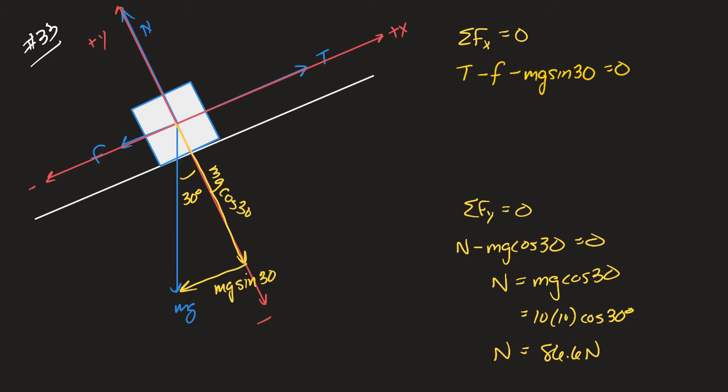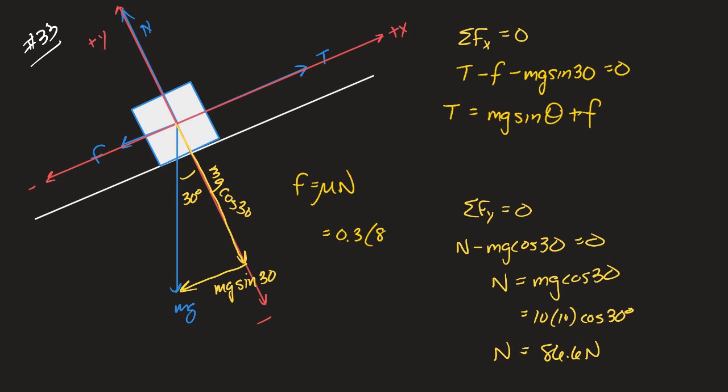We're asked to find the tension, and it looks like the only way I can find tension is if I know the size of the frictional force. Friction is equal to mu times the normal force. They told me mu, 0.3.